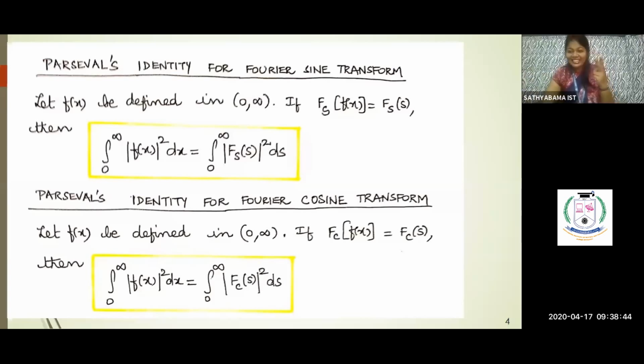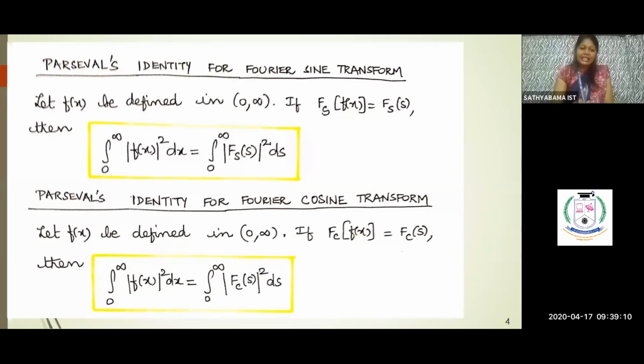There are 2 changes here from the Parseval's identity we saw yesterday. The limits are 0 to infinity, please don't forget. And on the right hand side, instead of F of s, we have Fs of s, because this is for the sine transform. Fs of s is the Fourier sine transform of f of x.